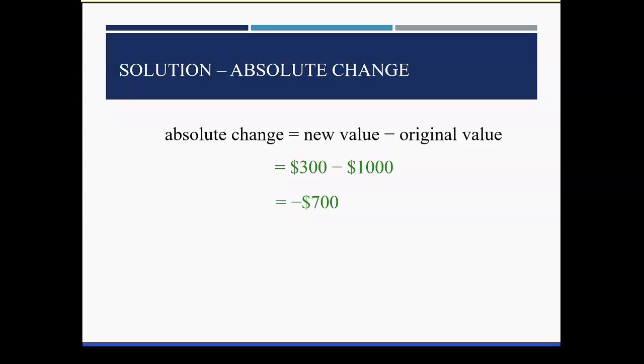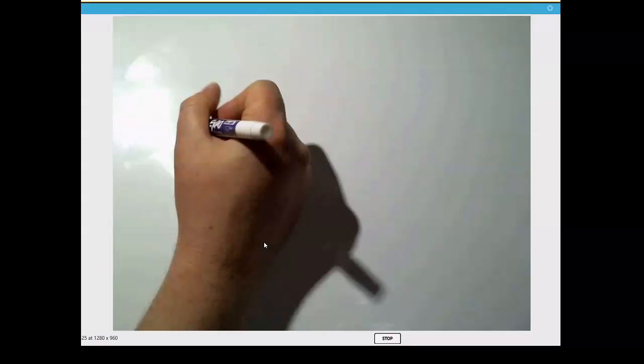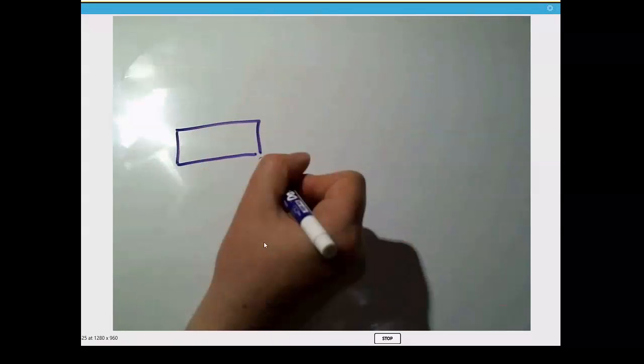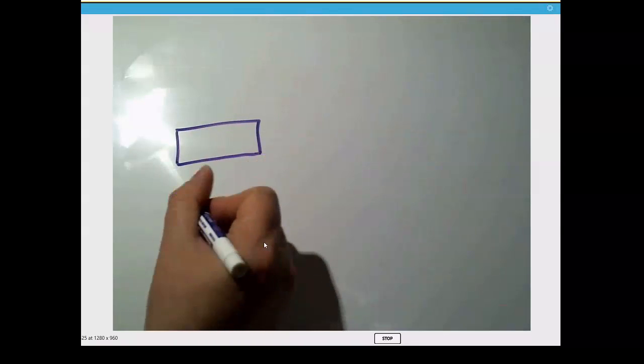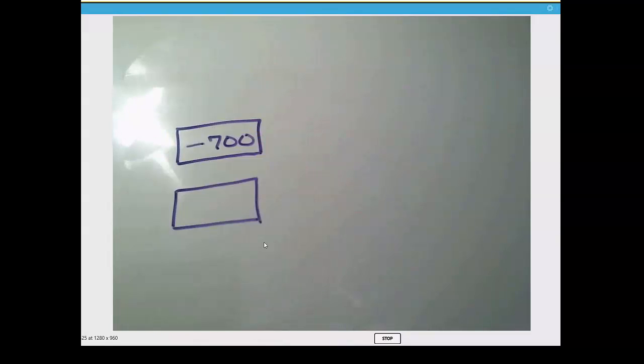On your homework, let me pull this up for just a second here. On your homework, be careful. My math lab has you plug into those little boxes when they're short answer fill-in types of questions. If your answer is supposed to be negative 700, you should indicate it with the negative sign.